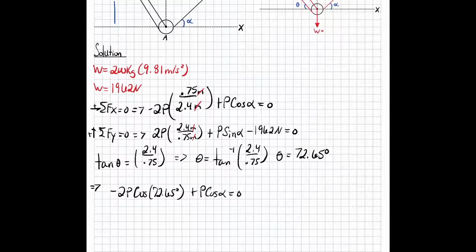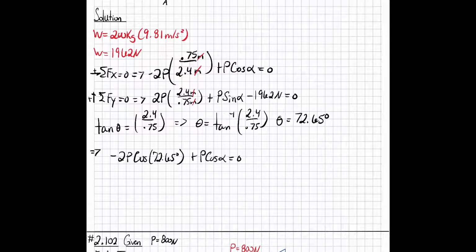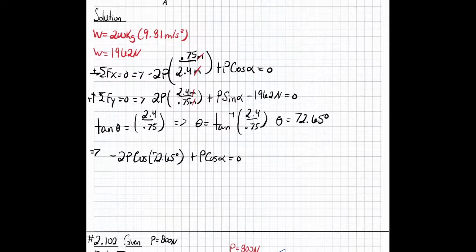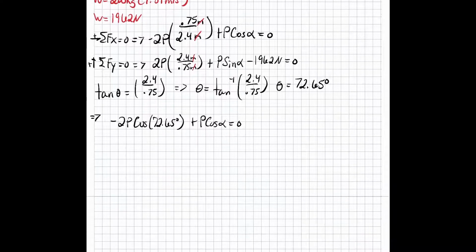Okay, so now we need to solve for alpha. So that's what we're needing to find. We can actually take out a common factor, or we can just move some stuff around. I'm going to go ahead and add another page so I can have more room.